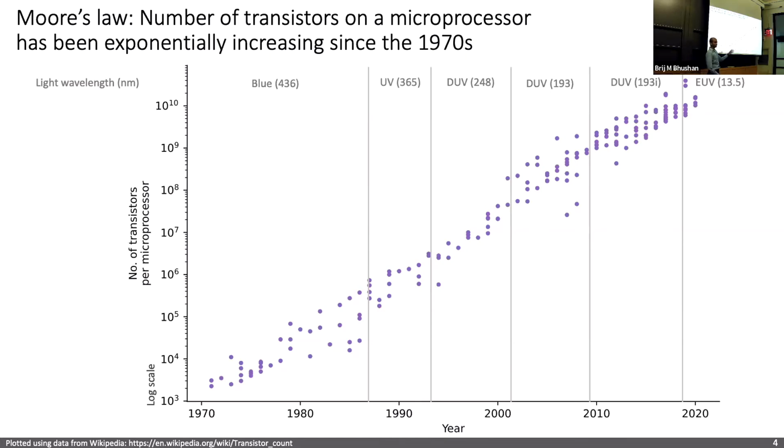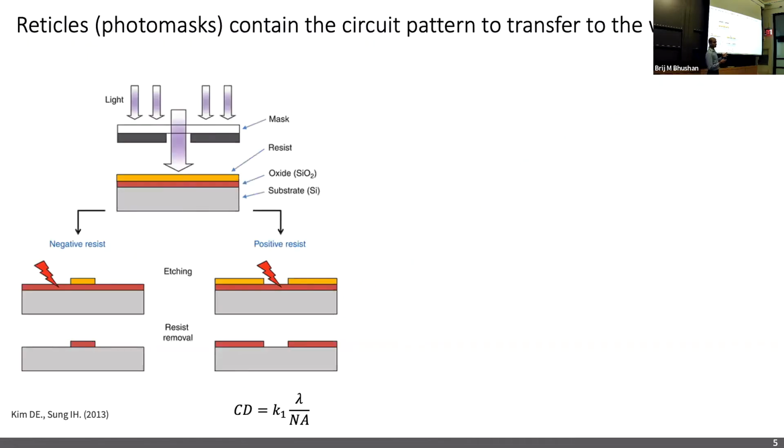A key step in the semiconductor manufacturing process is photolithography. Photo means light and lithography means printing with light. We have a photomask, also known as the reticle, which contains the image of the circuit pattern that we want to print, and then light is shined over it.